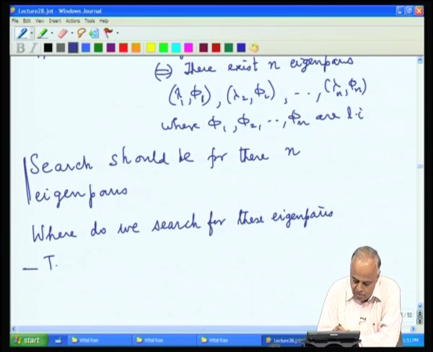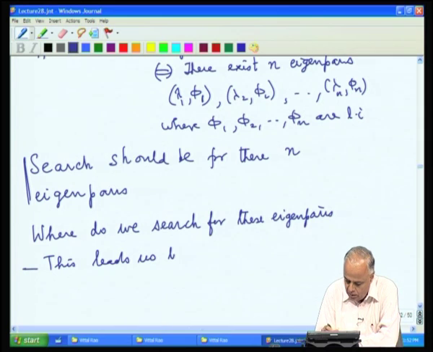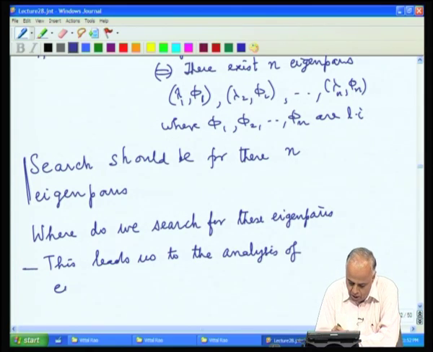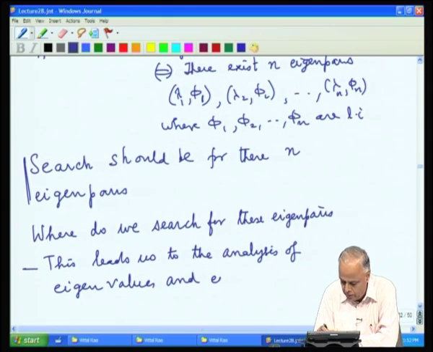So, this leads us to the analysis of eigenpairs, eigenvalues and eigenvectors.